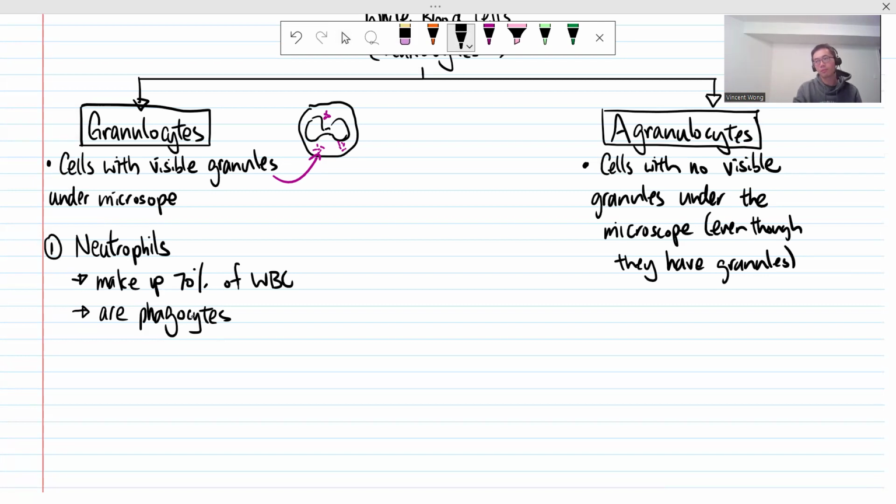So neutrophils, important. So, Vincent, how do the white blood cells recognize that it is a virus or bacteria? That is a very good question. Excellent question. We will learn that next week when we learn the immune system. But long story short, we talked about this last semester when we said membrane proteins.